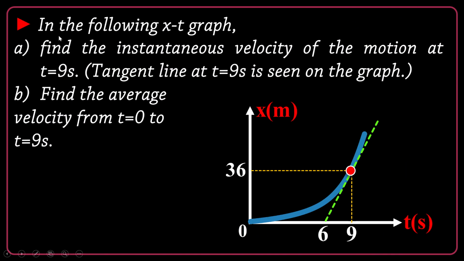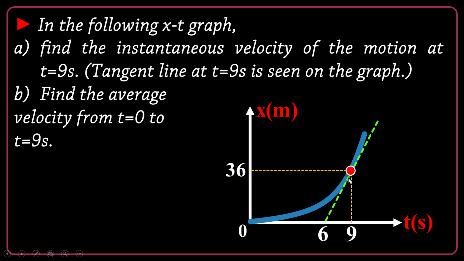Look at this graph. In the following xt graph, this is the blue curve. Find the instantaneous velocity of the motion at t equals 9. The tangent line at t equals 9 is seen on the graph. The tangent line is exactly this green dashed line. The slope of this dashed line will be the slope of the graph at t equals 9.